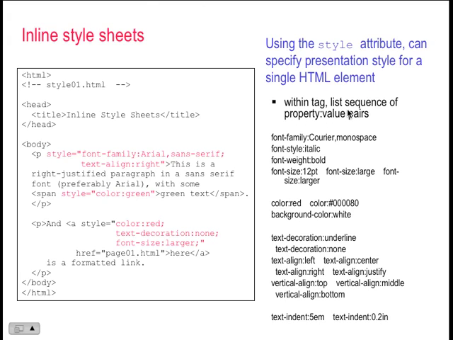Within the tag itself, we list sequences of property values, property values, property values. This is where most people end up with a problem, because they don't use the colon, they put the equal sign in there instead. If you're doing it with strict HTML, you put the equal sign. If you're using a cascading inline style, you put the colon in. It's just property value, over and over.